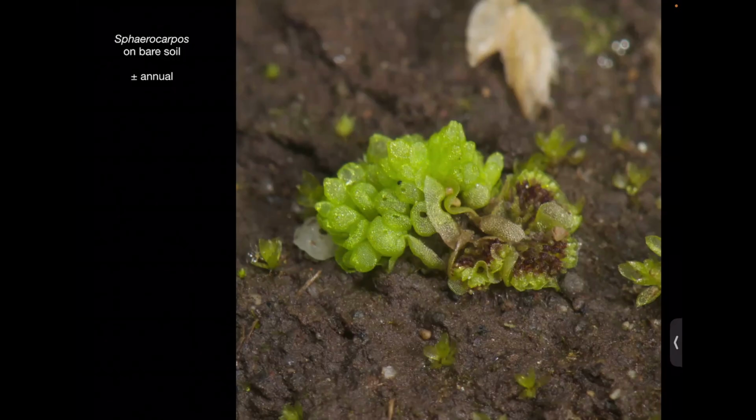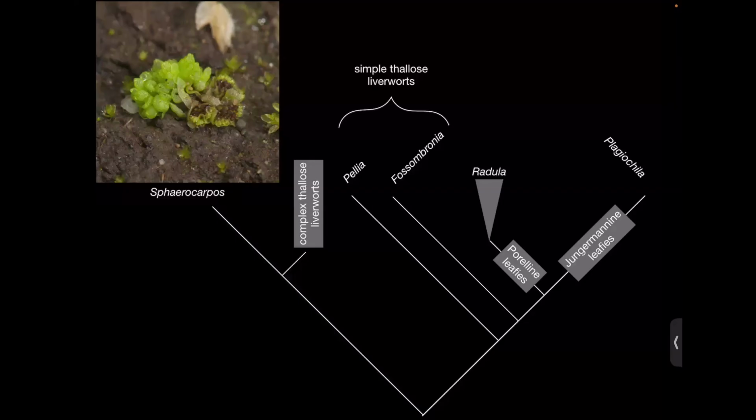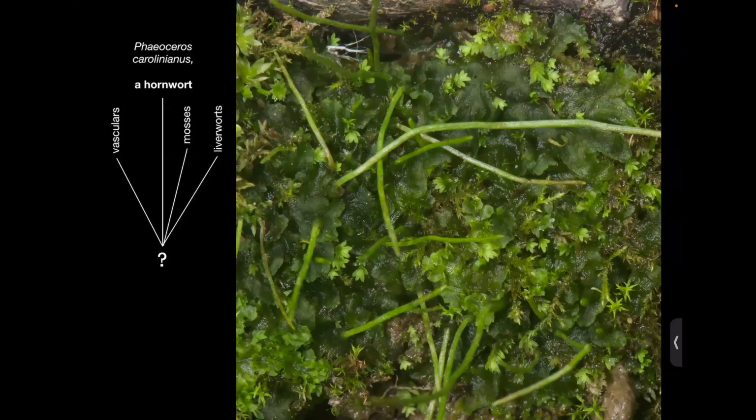The students walk on it all the time. And they're maybe related vaguely to complex thallus liverworts. Okay, and then again, there's these four groups: the mosses, the liverworts, the hornworts, and there's a picture of a hornwort, and the vasculars.